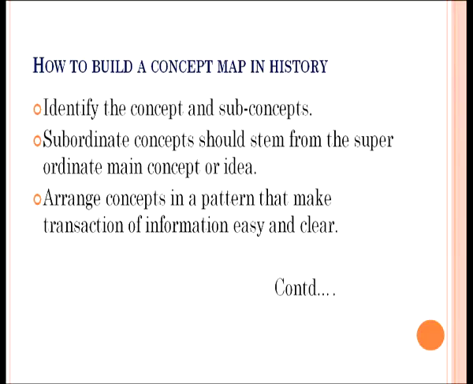Arrange concepts in a pattern that makes transaction of information easy and clear. Because if you fail to do this, the entire purpose of concept map is defeated. Our purpose is basically to give information in an easy and clear manner, and that is why before making a concept map, it is very important that you arrange concepts in a pattern that they become very easy, clear, and the ideas flow very accurately.